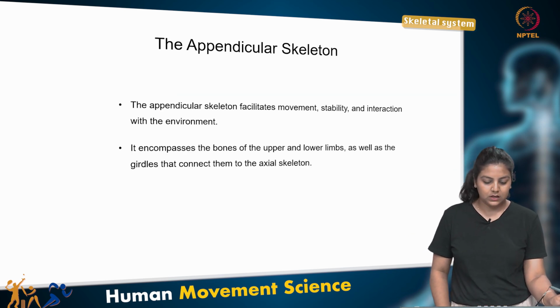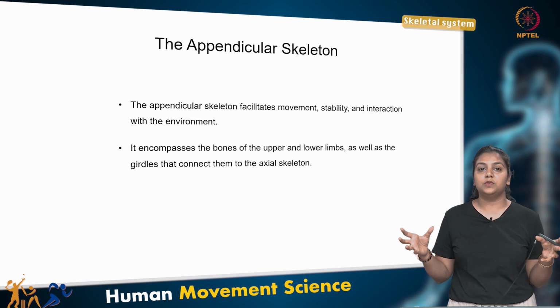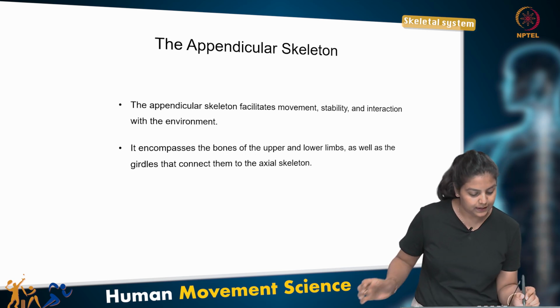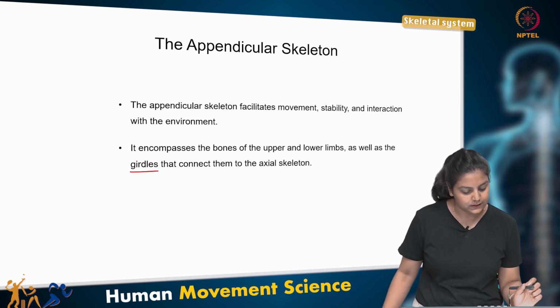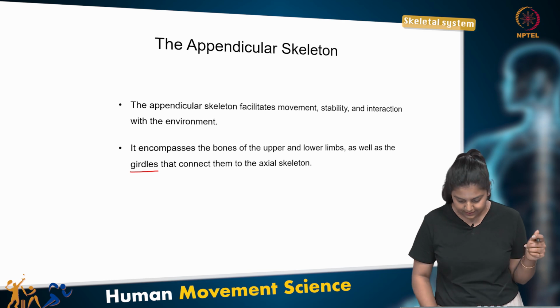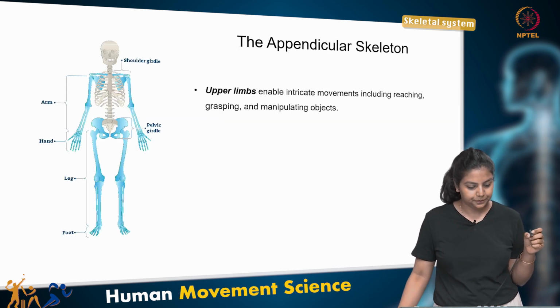What that means is you have the upper limbs and lower limbs of the body that attach to the girdles, right? Let's look at these girdles in detail in the next slide, and that connect them to the axial skeleton. So what are these girdles that we are talking about?